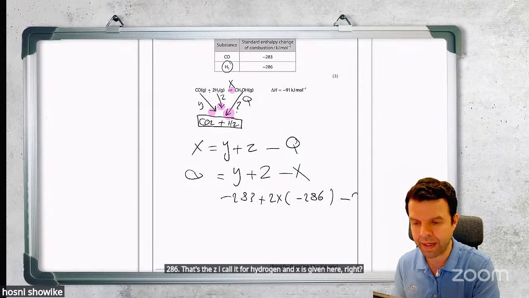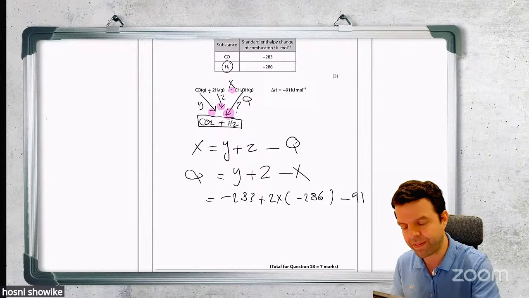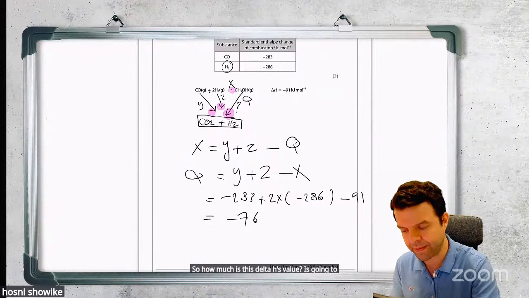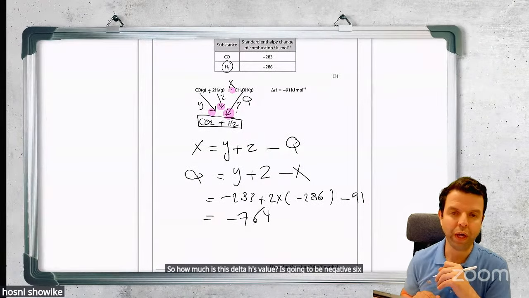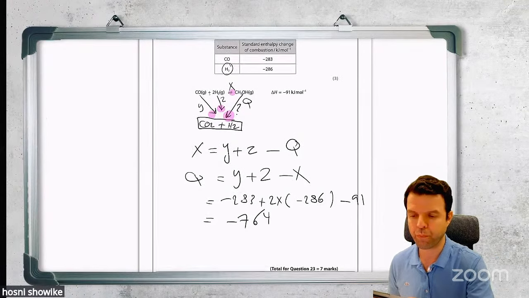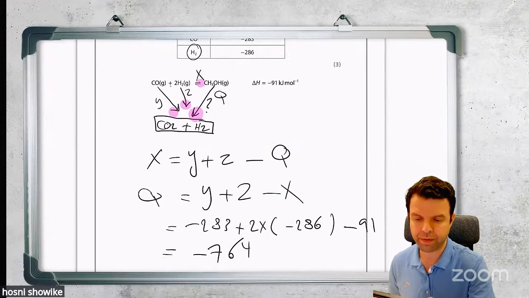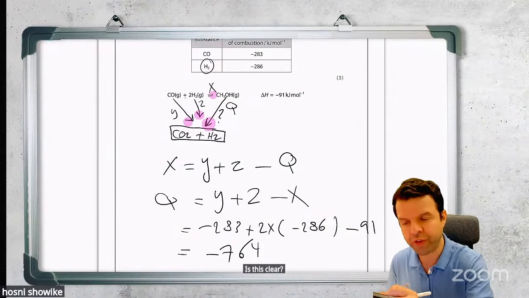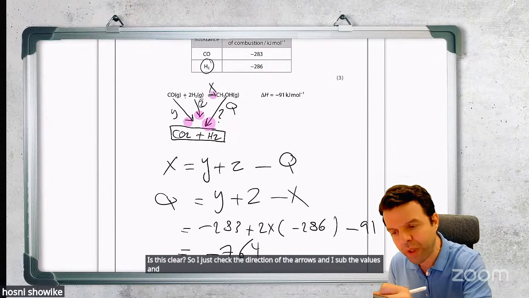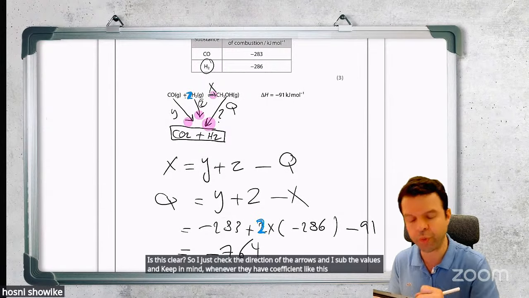Minus negative 91. So how much is this delta H's value? Is going to be negative 764. Is this clear? So I just check the direction of the arrows and I sub the values, and keep in mind whenever they have coefficient like this goes with your calculation too.